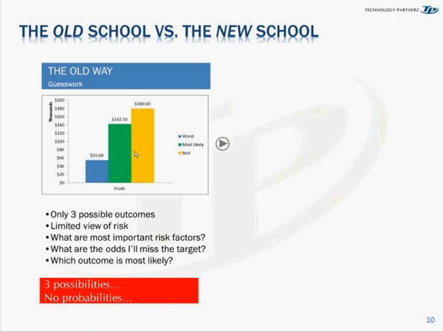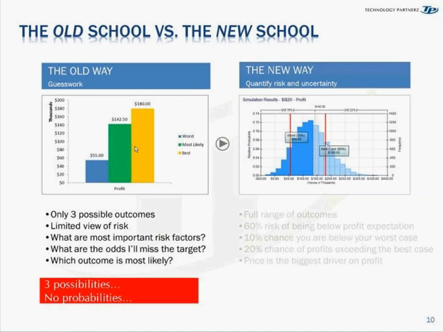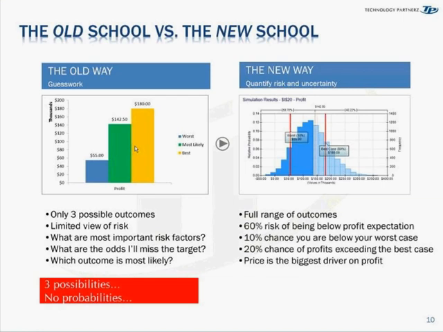By working with risk analysis tools, you get the new way: quantifying risk and uncertainty. Here we have a distribution that takes the exact same model, and this is what happens. We get a full range of outcomes, the full distribution. We know that there's a 60% chance of being below profit expectations. Our profit was 142 based on our most likely, and there's a 60% chance that it will be less than that.